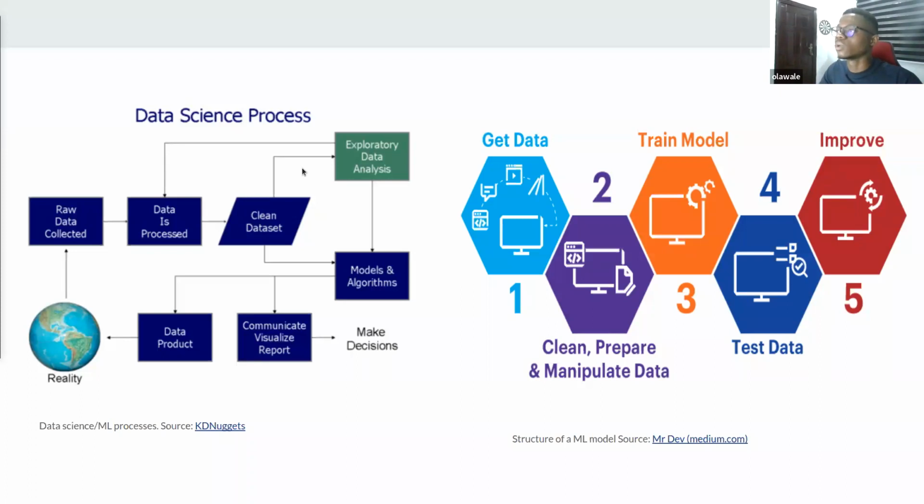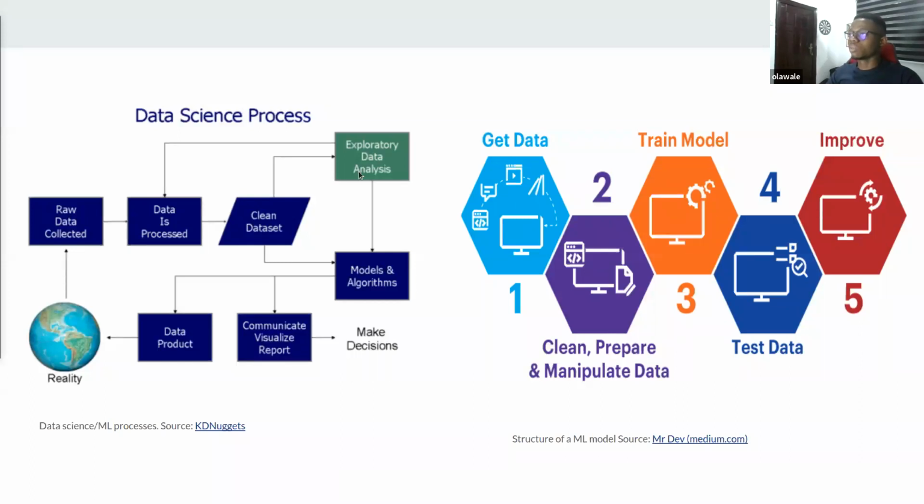And this is one of the most important stages or processes in the data science cycle, because from exploratory data analysis you can properly analyze and understand your data, which will enable you to make very good decisions from it, which might aid your business decisions, and it can even help your interpretations as a geoscientist.